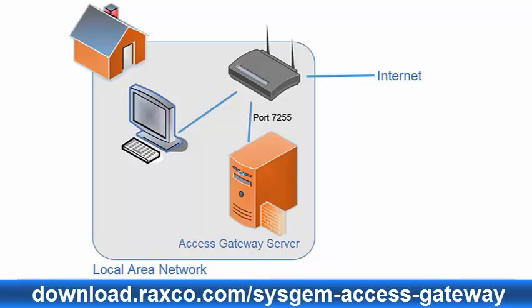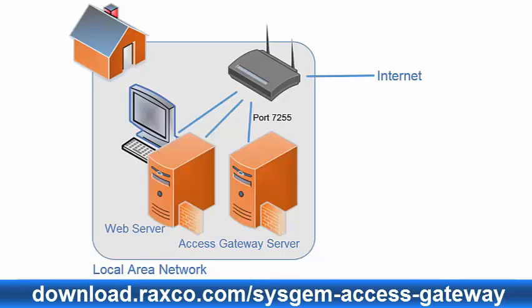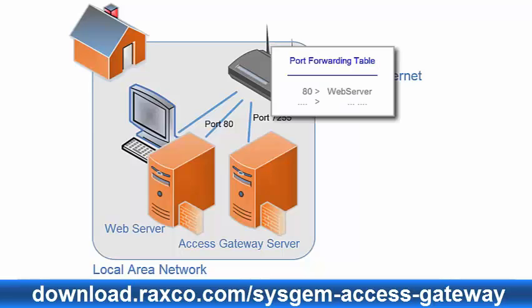If a web server is also being used on this network, then the port forwarding table has probably already been set up to have the web software port number, i.e. port 80, defined together with the identity of the web server computer. This could be used as an example for guidance in setting up port forwarding for the access gateway.